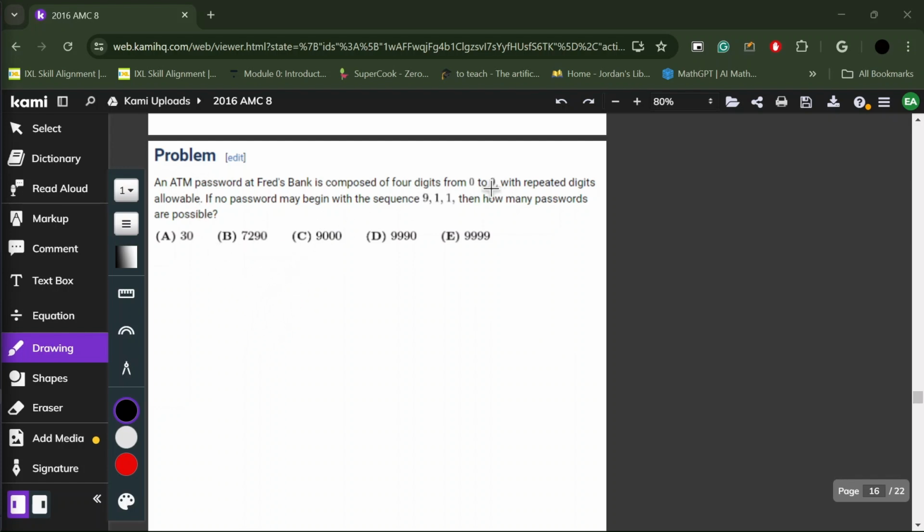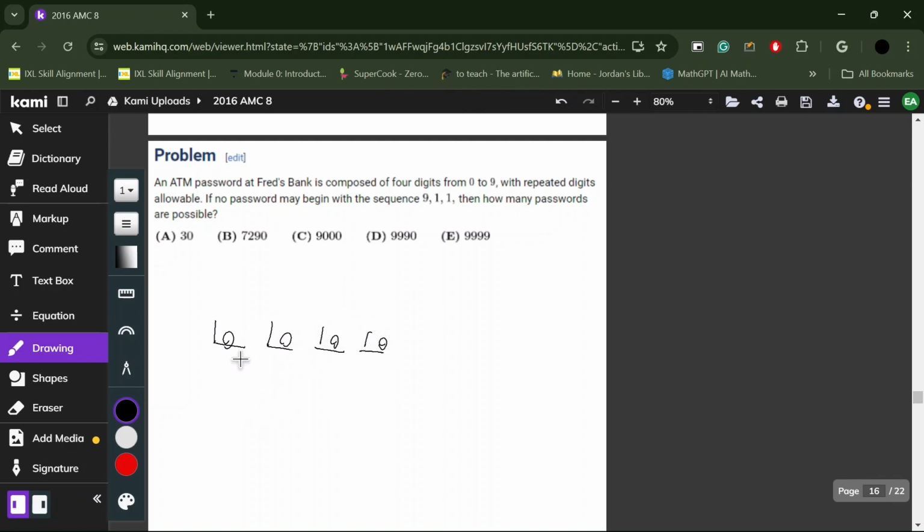So the best way to solve this problem is to find the total amount of 4-digit passwords, and then from there you can subtract the amount of passwords that begin with 911. So let's write it out like this. The first digit has 10 different numbers you can choose from, 0 through 9, right? The second digit also has 10 choices, and so on.